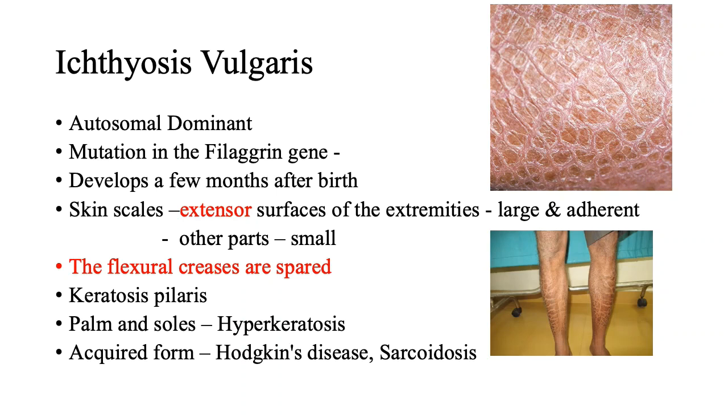Other body parts may show fine and small scales. The flexural creases are spared. Keratosis pilaris is commonly seen in this condition. Hyperkeratosis is seen in palm and soles. An acquired form of this disease is seen in sarcoidosis and malignancies like Hodgkin's disease.